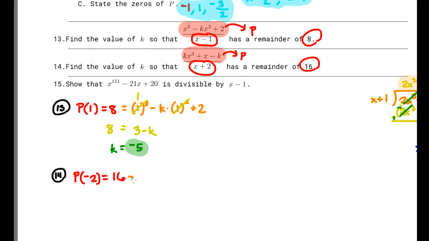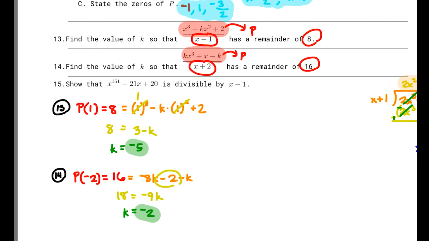So I'm going to plug -2 into the top part, and you're going to be left with -8k minus 2 minus k. From here, you're going to be left with 18, if I add this 2 on both sides, is equal to -9k. And then if you divide both sides by -9, your k value should be equal to -2, and that should be your final answer.